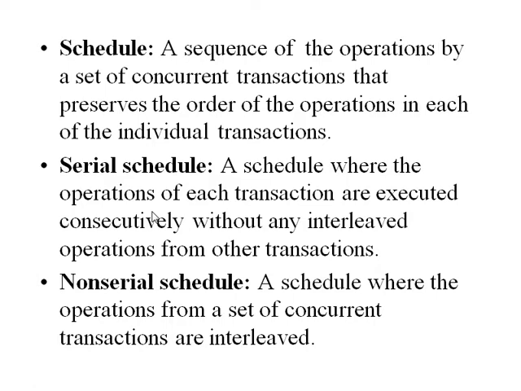Serial schedule means consecutive. That means the transactions are performed in serial order. For example, if we have two transactions T1 and T2, serial order would be T1 followed by T2 or T2 followed by T1. So it means after completing T1 operations only, transaction T2 starts.